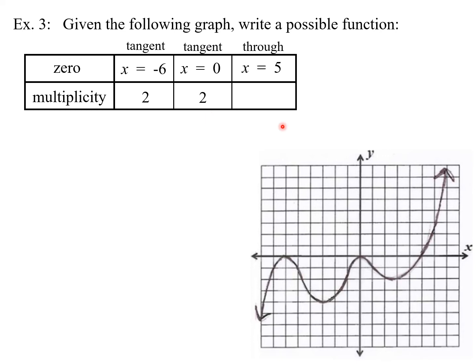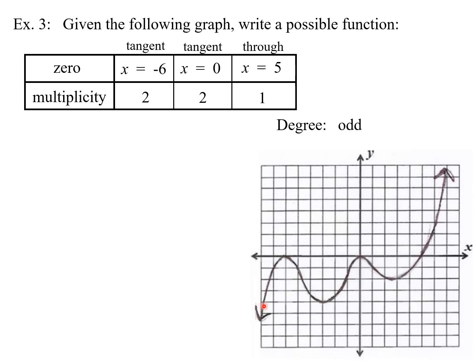And at x equals 5, it crosses the axis. It goes through the axis. So that leads me to a multiplicity of 1. All right, now adding those multiplicities, 2 and 2 and 1, I get odd. So I know the degree is odd, and I can just look at the graph too. This reminded me of a cubic graph with a few bumps in between.